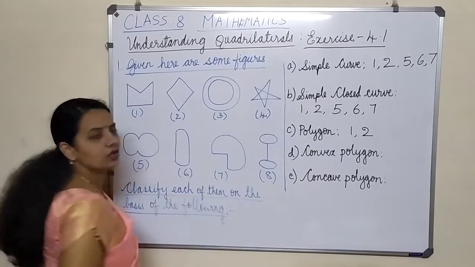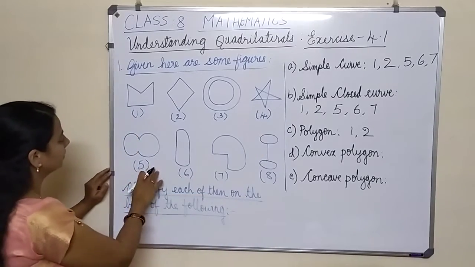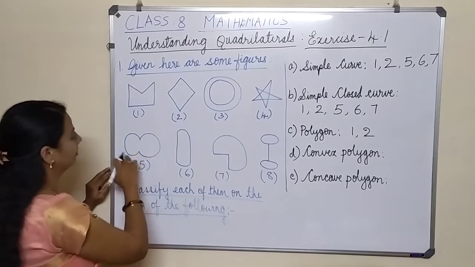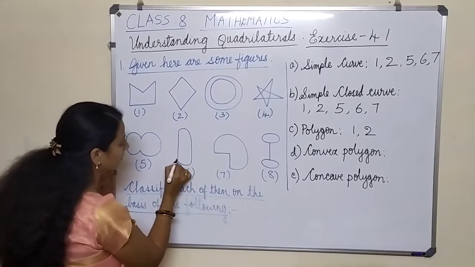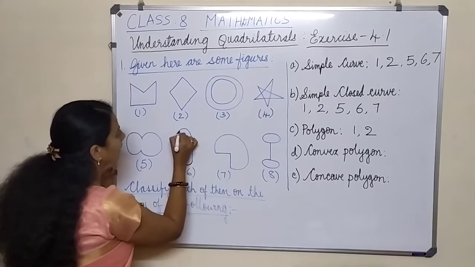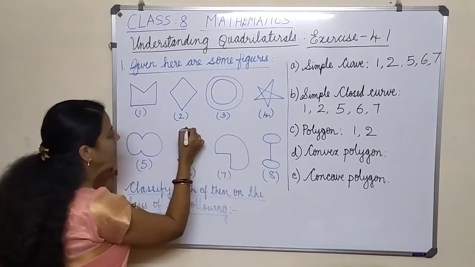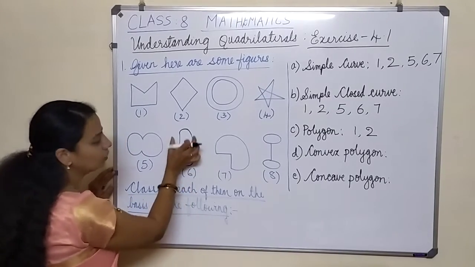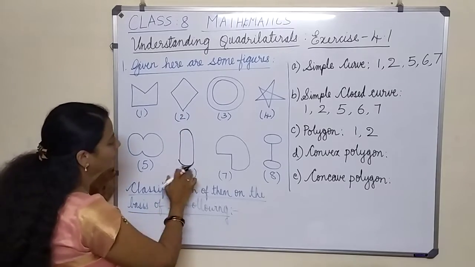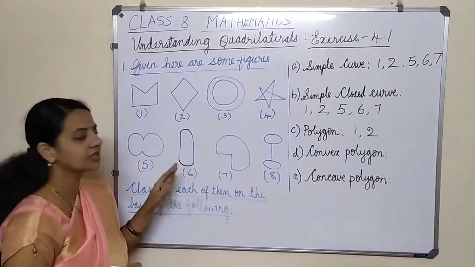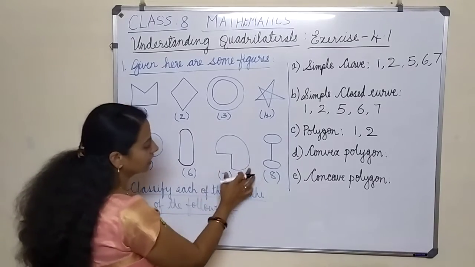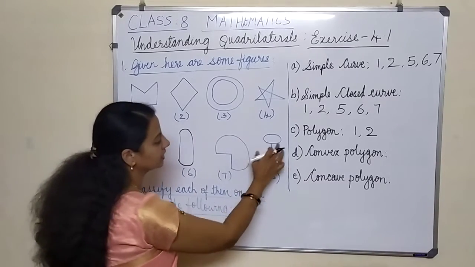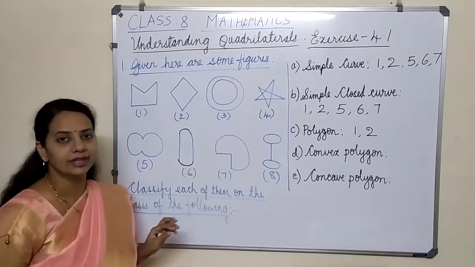Fourth one, it's not a polygon. Next, fifth one, no, it's made up of curve. Here also you can see the curve, the bottom one and then the top one. Though it has two line segments, the top and the bottom are made up of curve. So the sixth one is also ruled out.